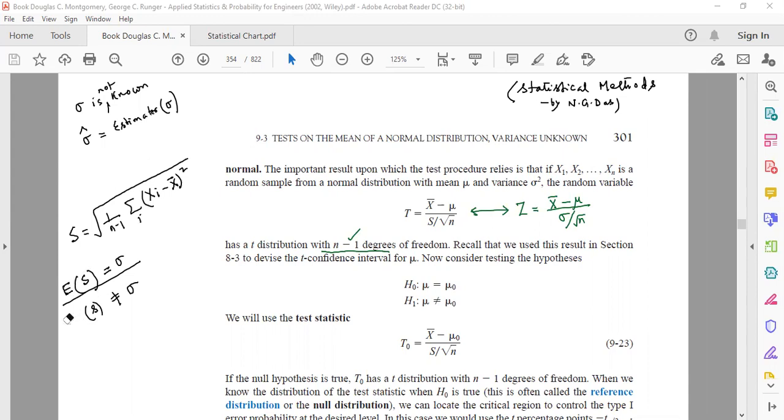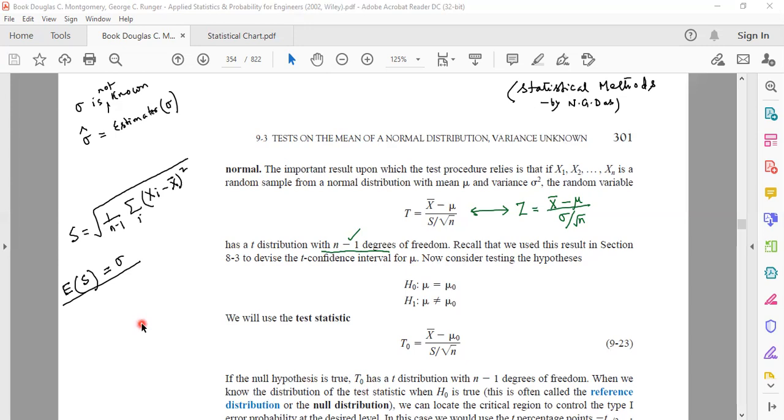That will not estimate our unknown parameter sigma. So the only possibility remaining is to calculate this quantity, capital S. But to calculate capital S, we have to divide this particular term by n-1, sample size minus 1. Because you are reducing your sample size to get a good estimator, that is called degrees of freedom. Degrees of freedom in general is the number of independent variables required to study the system.